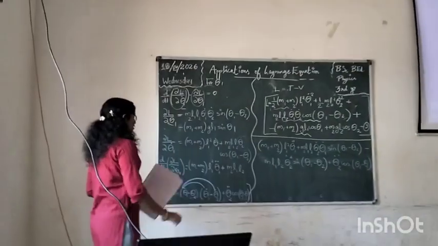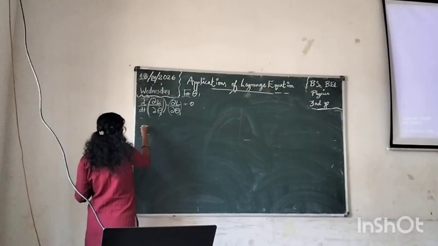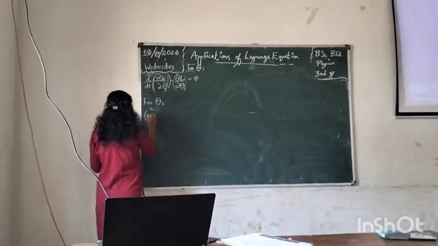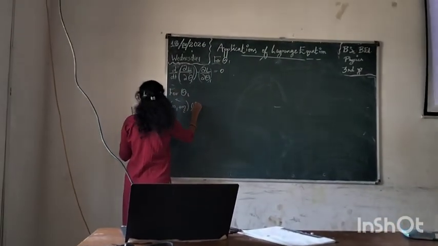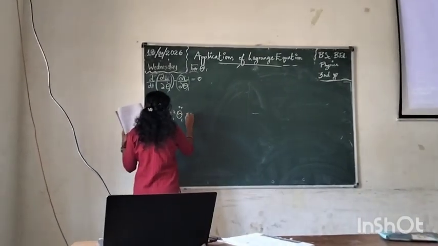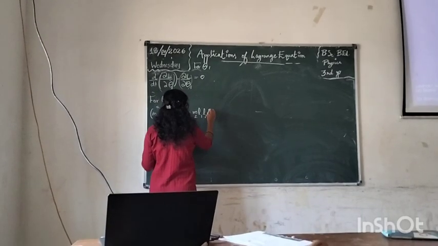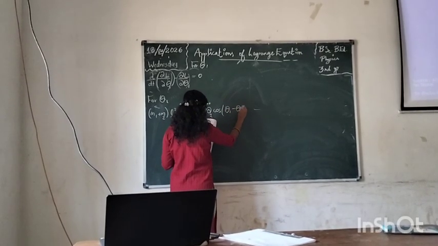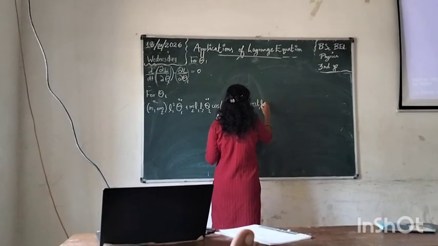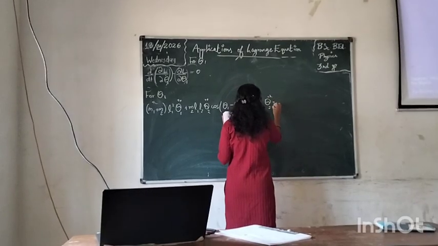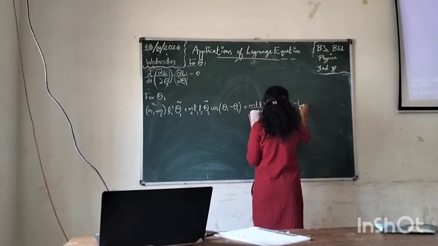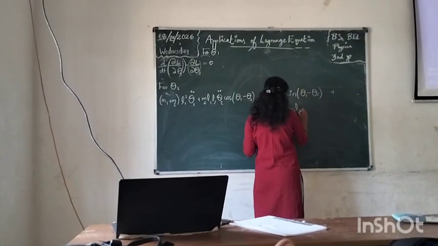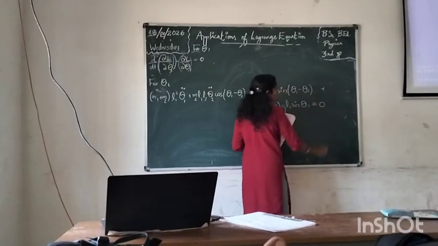So for theta 1, our equation for Lagrange will be m1 plus m2 L1 square theta 1 double dot plus m2 L1 L2 theta 2 double dot cos theta 1 minus theta 2 plus m2 L1 L2 theta 2 dot square sin theta 1 minus theta 2 plus m1 plus m2 g L1 sin theta 1 equal to 0. This is our Lagrange equation.